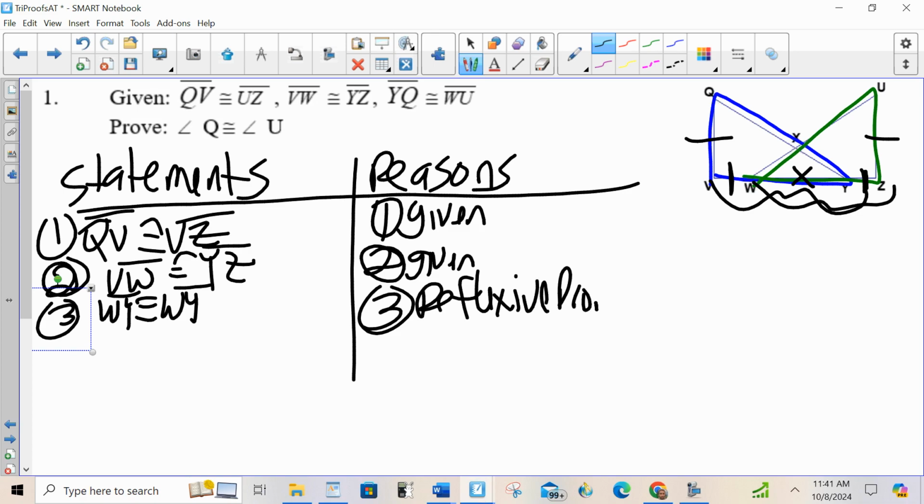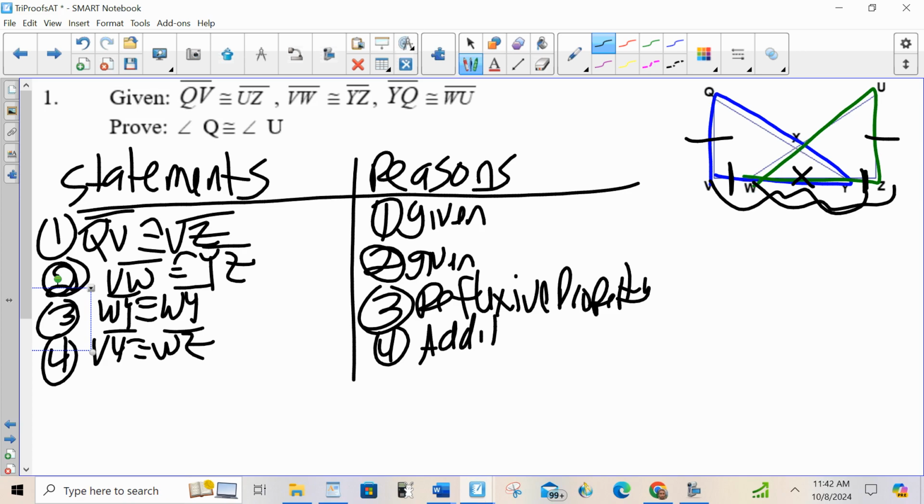And now that I have what I want, I add them together and I get what I want, which is VY is congruent to WZ, addition property. Now I need to show the addition. So I add the two small pieces. I added these and these.